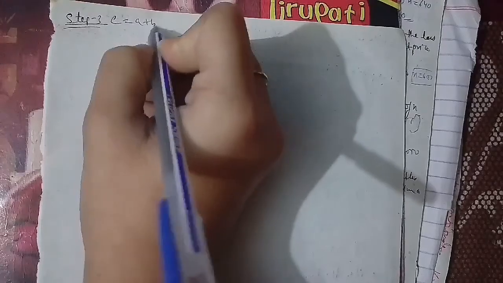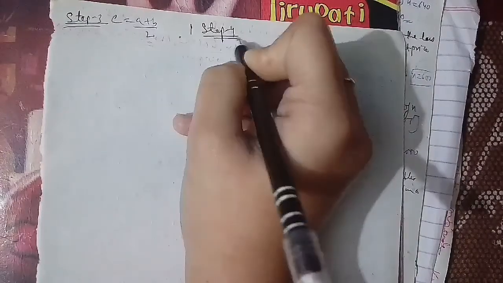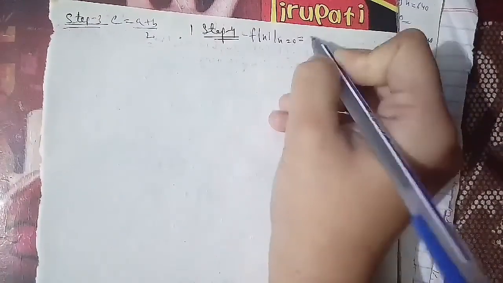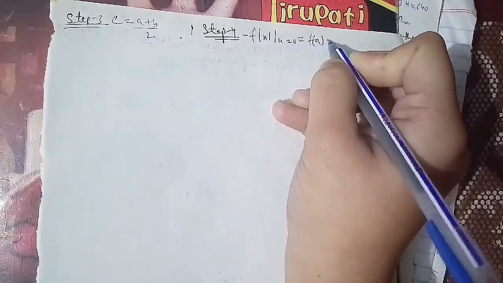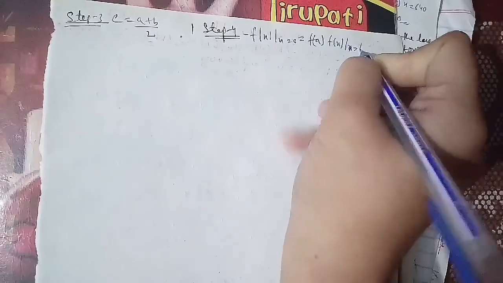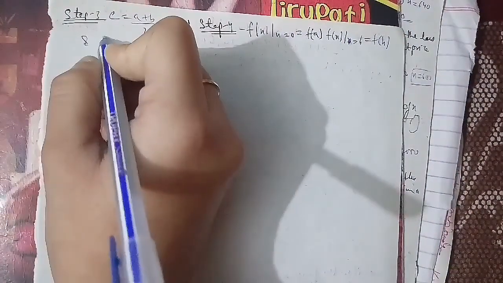In step 4, we have f(x) at x equals to a, which is f of a, f(x) at x equals to b, which is f of b, and f(x) at x equals to c, which is f of c.